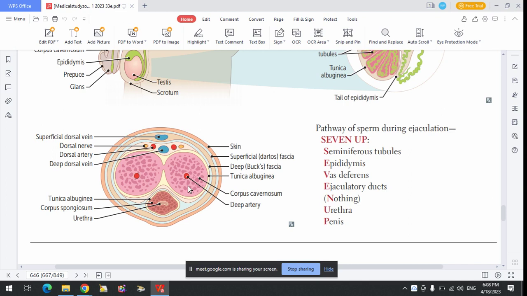You have achieved erection, everything gets rigid, and once you have introduced the penis, to achieve the process of emission so that the semen can move outward, your spongiosum has to relax so that your urethra can dilate and semen will pass through.